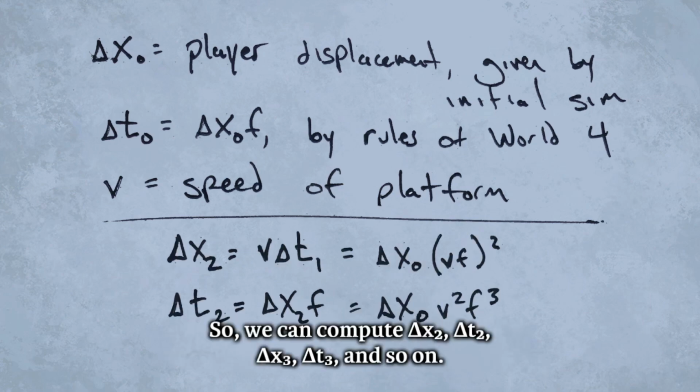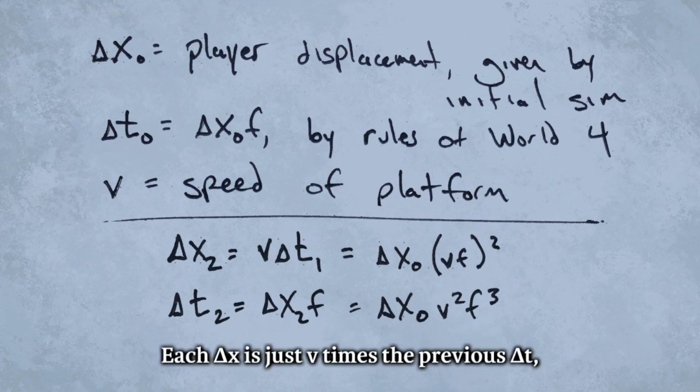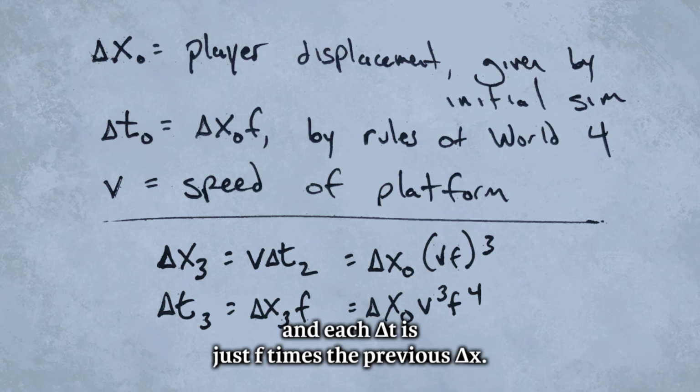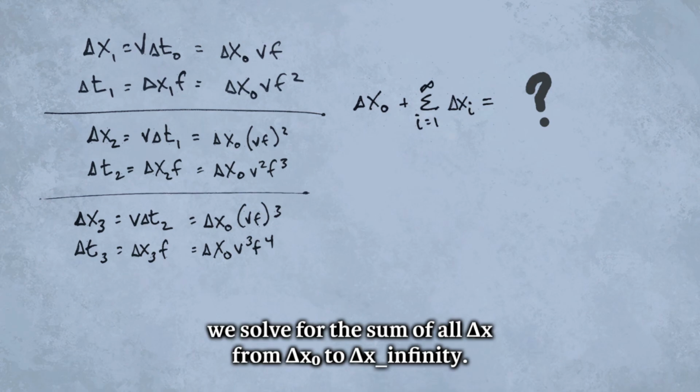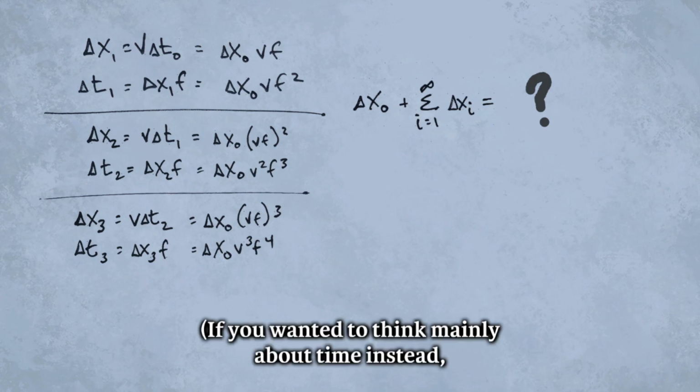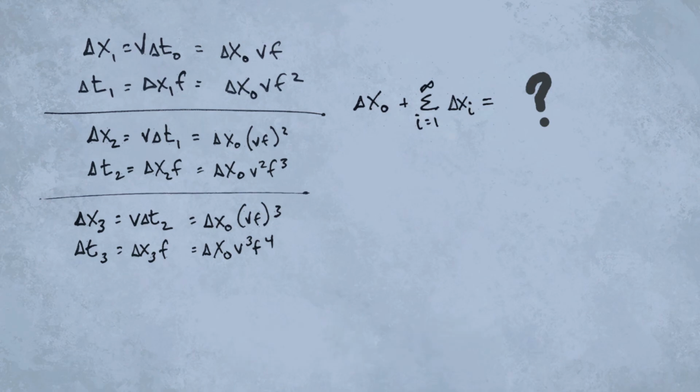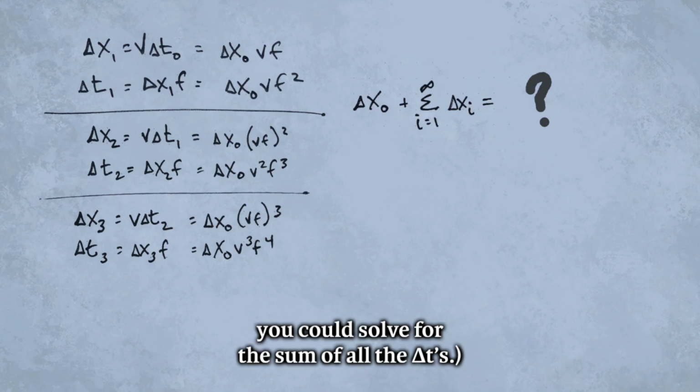So we can compute delta x2, delta t2, delta x3, delta t3, and so on. Each delta x is just v times the previous delta t, and each delta t is just f times the previous delta x. In the game, because of the way we're plugging this into later World 4 code, we solve for the sum of all delta x from delta x0 to delta x infinity. If you wanted to think mainly about time instead, you could solve for the sum of all the delta t's.